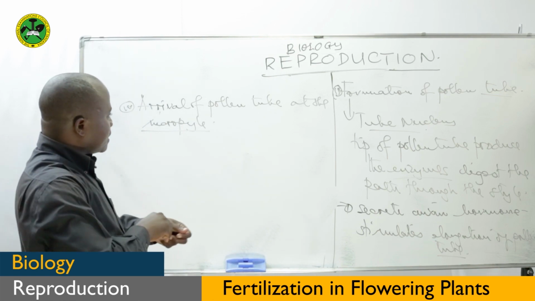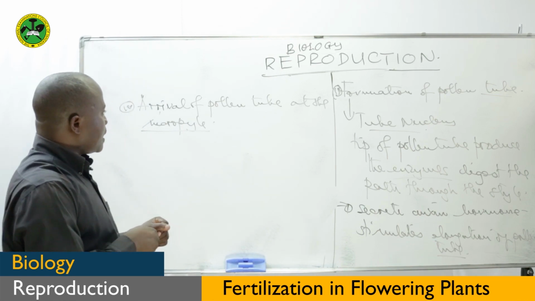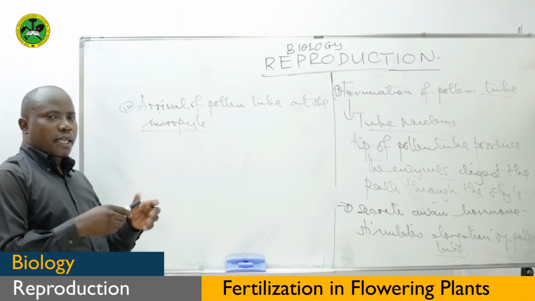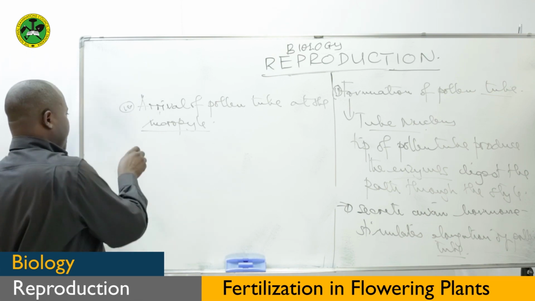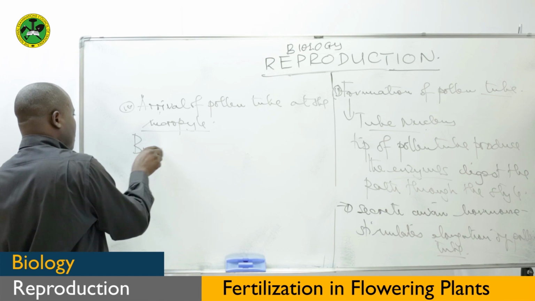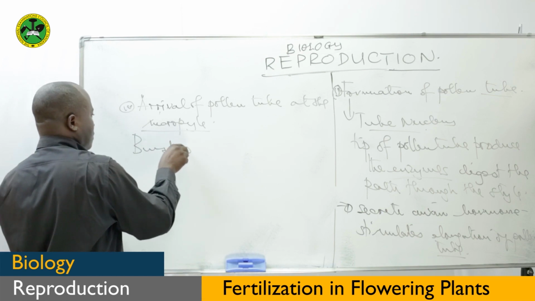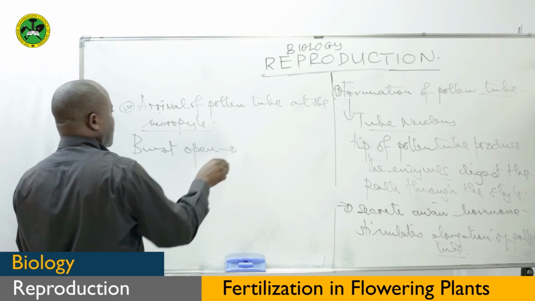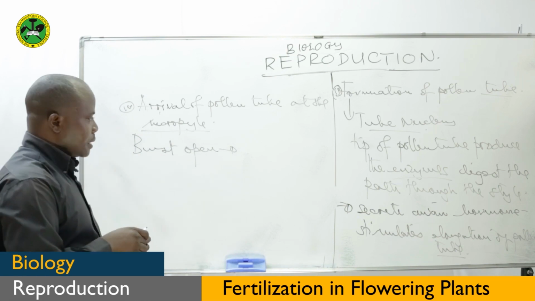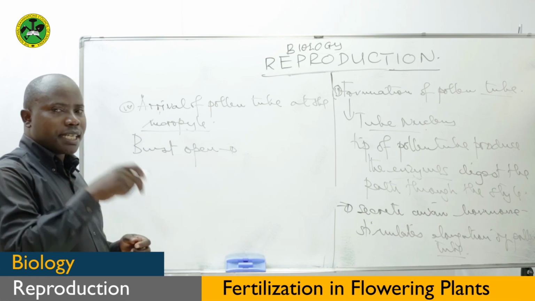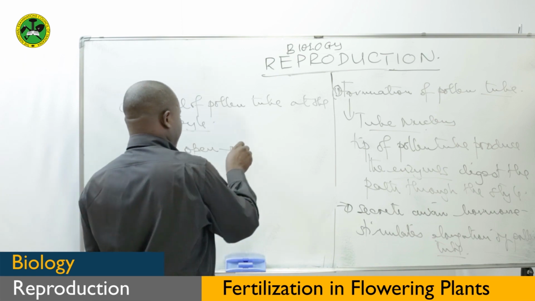When it arrives at the micropyle, the tip of the pollen tube bursts open and releases the two male gametes into the embryo sac.